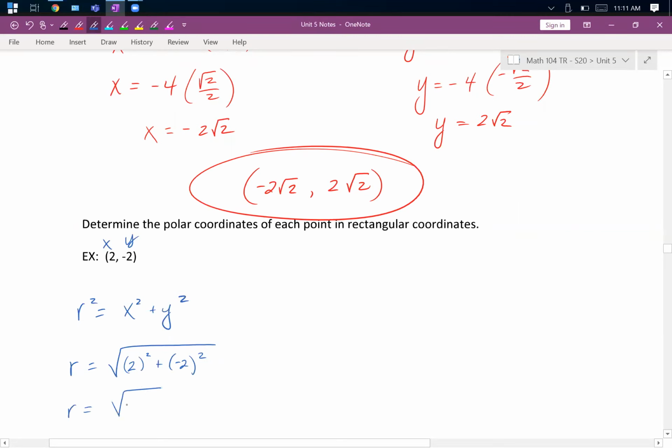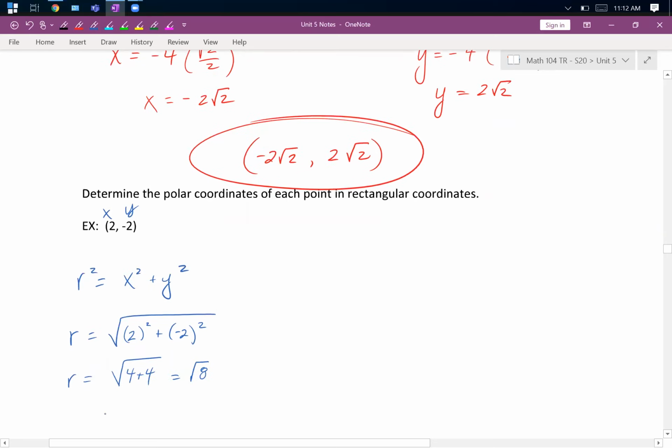So that's going to be the square root of 8, which is 2 square root of 2. And then to find our theta value, we're using the fact that tangent of θ is equal to y over x. So tangent of θ is going to have to be negative 2 over 2.